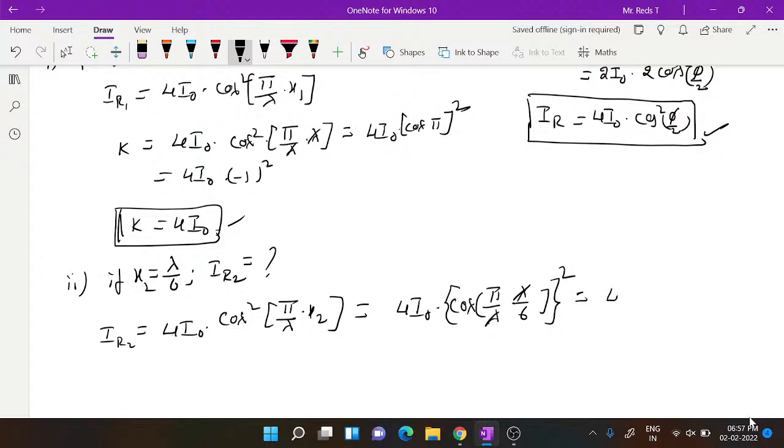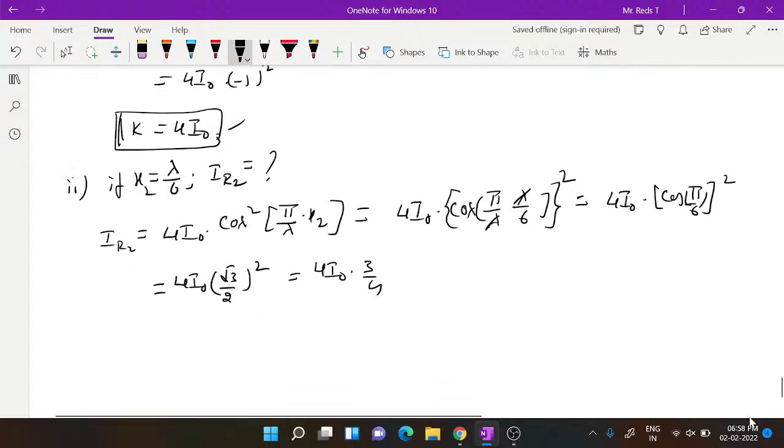This further can be expressed as 4I0 into cos pi by 6 whole square. What is cos pi by 6? Pi by 6 is 30. Cos 30 is root 3 by 2, right? Root 3 by 2 whole square. 4I0 into root 3 by 2 whole square. Root 3 by 2 square is 3 by 4. So 4I0 into 3 by 4.